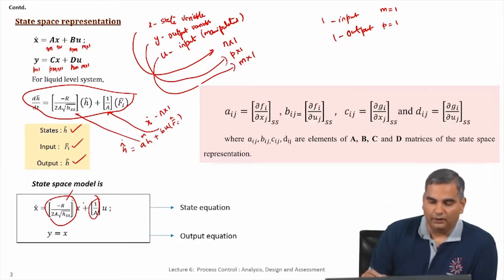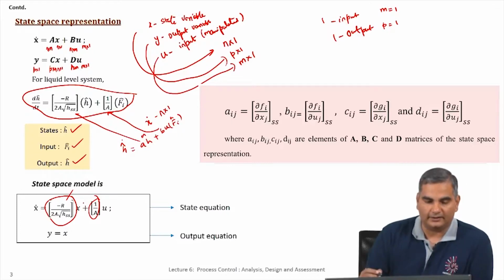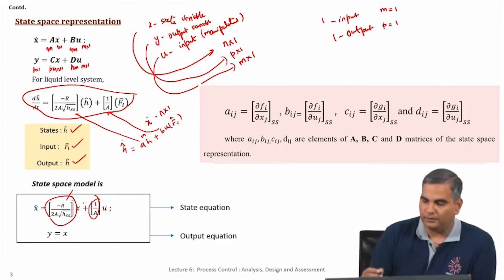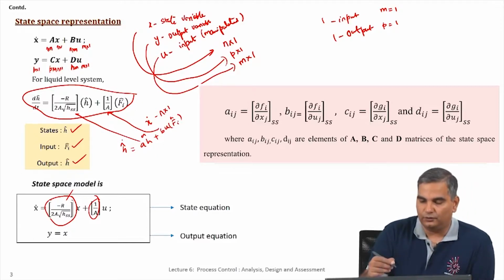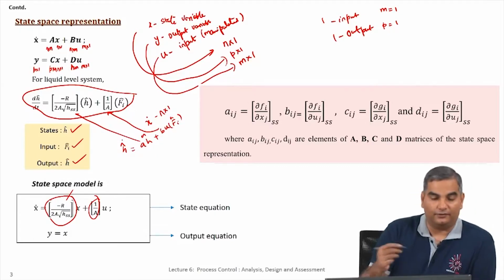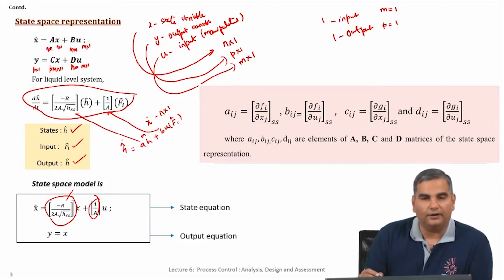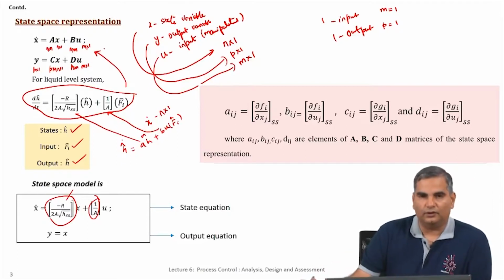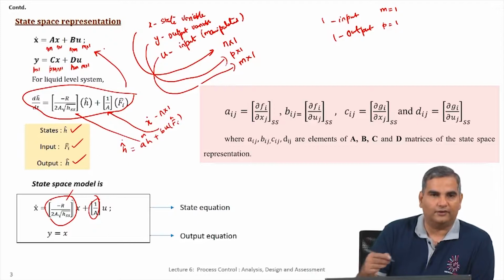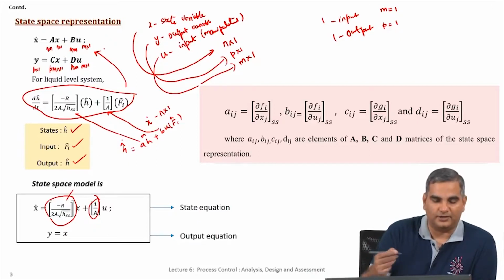Now, if you had more than one state and more than one input and output, then when we get these fixed numbers, we have to do more derivatives for different functions and so on, so that we can get a general nonlinear model into this form right here. So, if there are multiple functions, you have to do the derivative of that function with respect to the multiple states and so on.